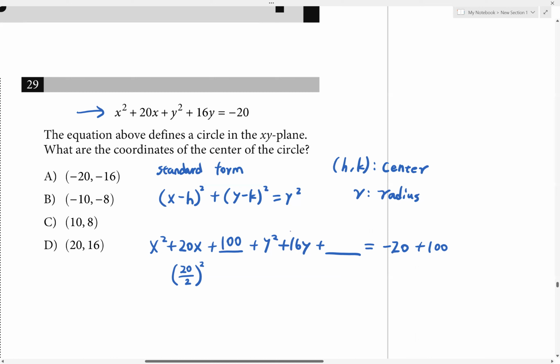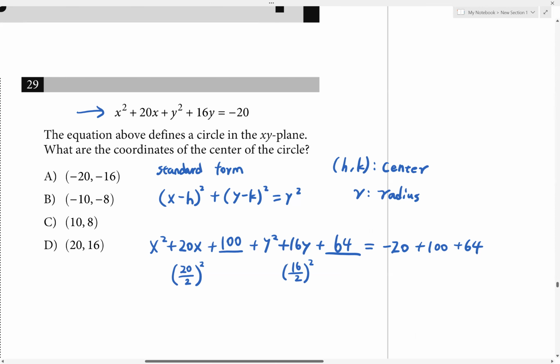And then for the y's, we do 16, again divided by 2, and then square that. 16 divided by 2 is 8, 8 squared is 64. So if we add it there, we have to add it on the right. Now the question is, why do we add these numbers?